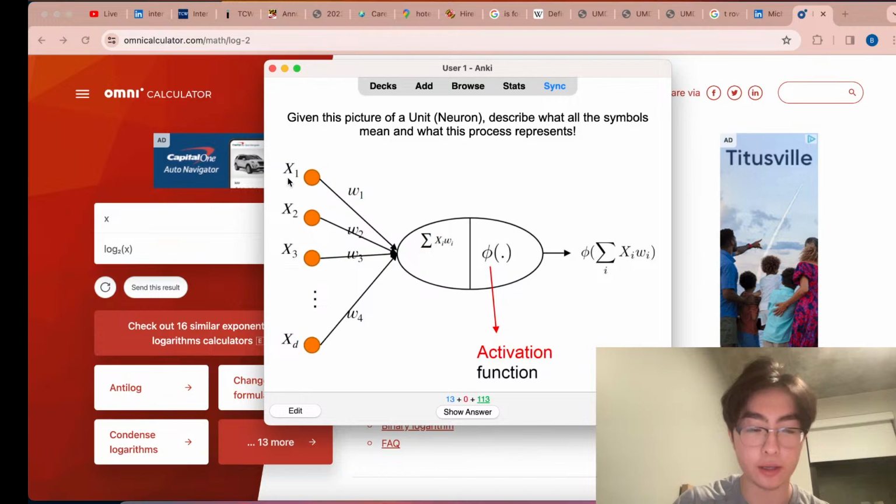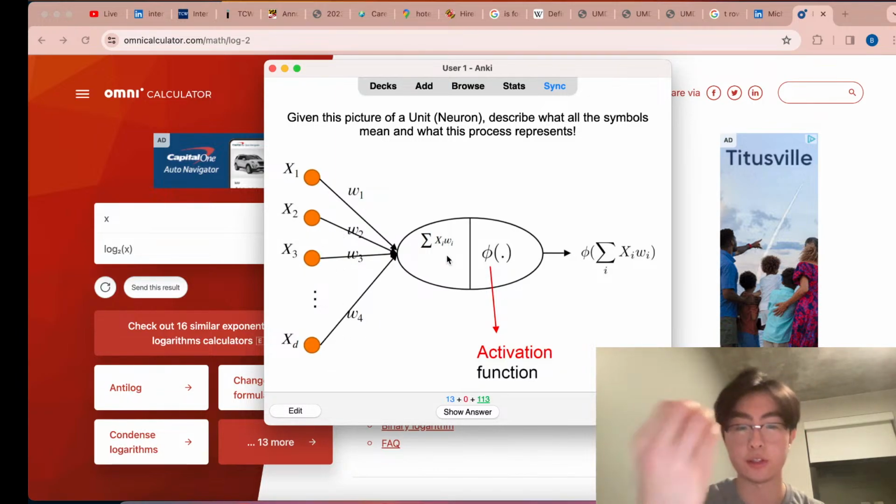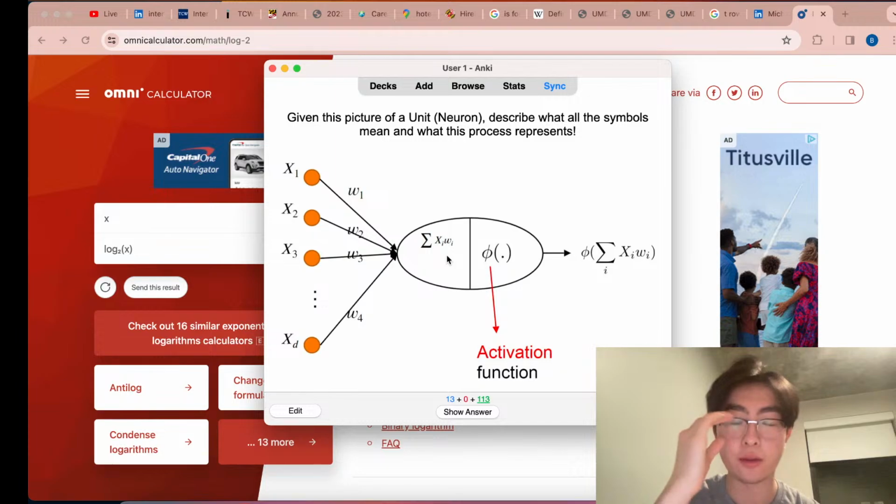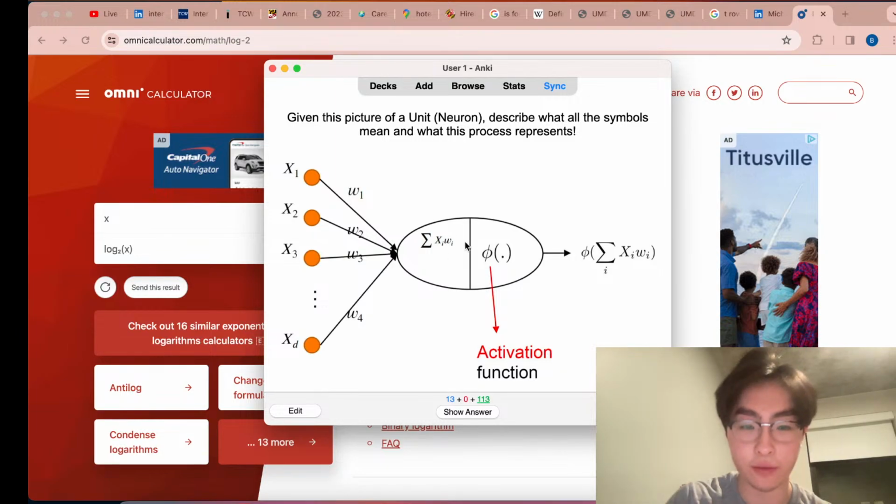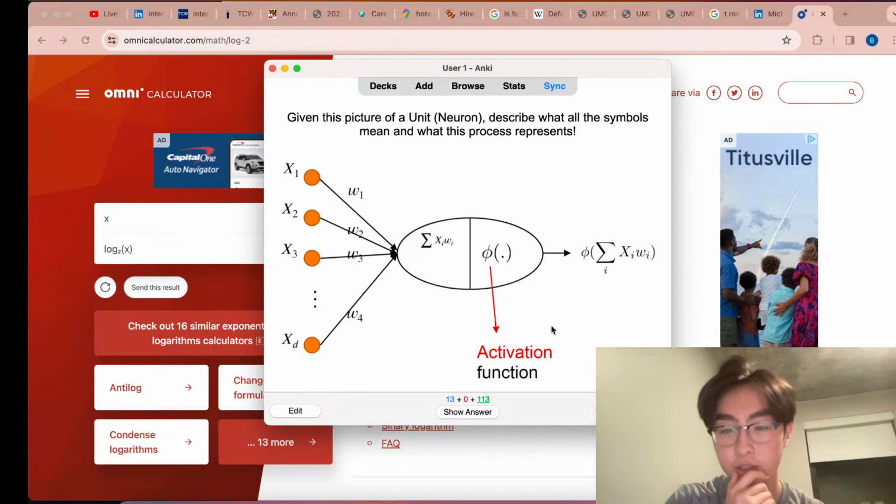And so we multiply the different components together, and then now we have this single value here. And then what we can do now is input that value into an activation function. What this activation function does is it introduces nonlinearity into our machine learning model.